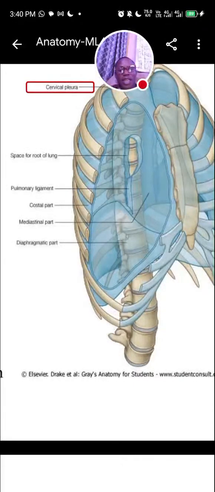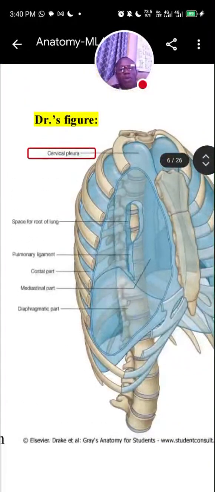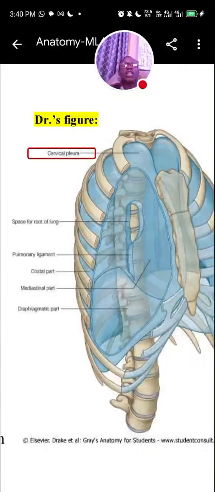Are you seeing it now? Diaphragmatic part. Are you seeing it? Cervical pleura. Are you seeing it? It extends 3 to 4 cm above the first rib and 1 cm above the medial third of the clavicle. That's the cervical pleura.